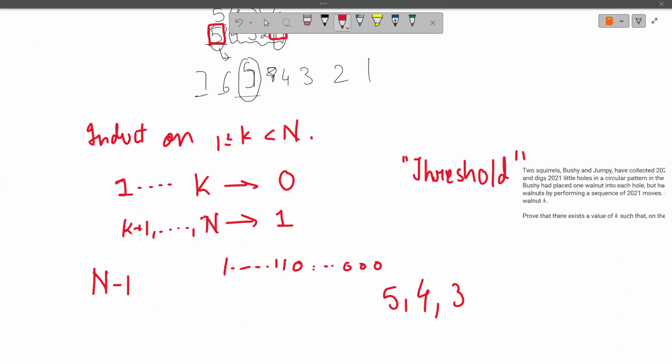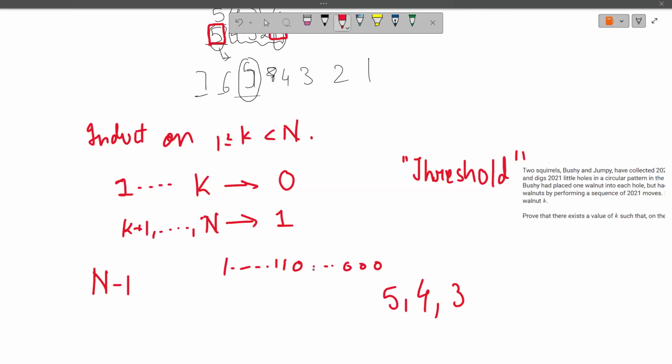How exactly are you inducting on k? When you're inducting on something, you have your induction hypothesis. What's your hypothesis here? All the zeros eventually end up to the right, not under some number of steps, but eventually to the right in n-1 moves.